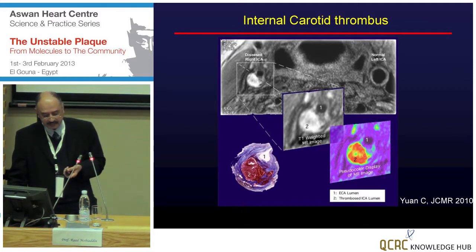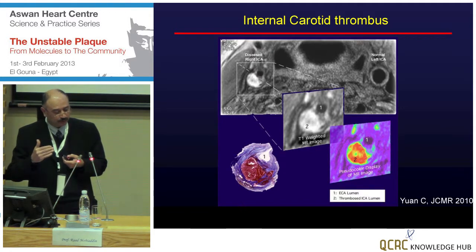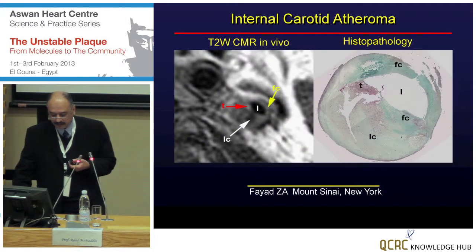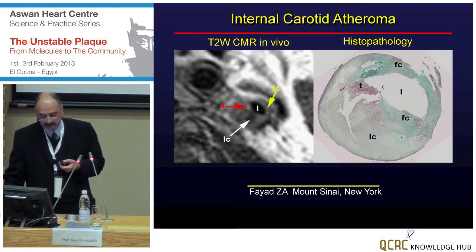And methemoglobin has an unusual character in that it acts like a contrast agent itself, because it has a short relaxation time of protons compared with the normal tissue. So you get a very high signal within the plaque itself. This is an example, again, in the carotid artery. You see the lipid core here, the fibrous cap, and the lumen here.